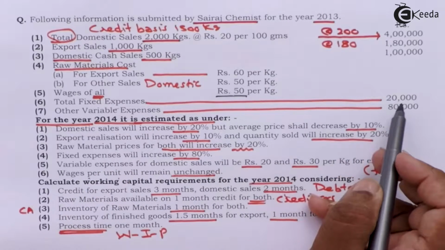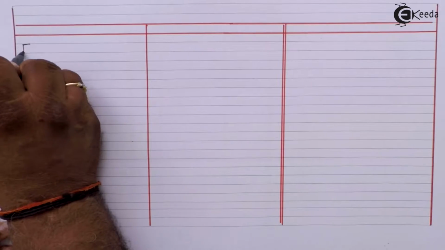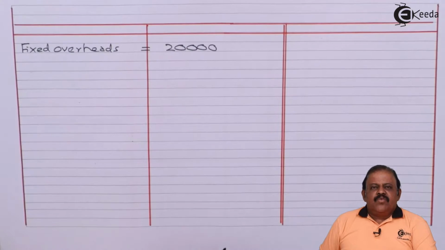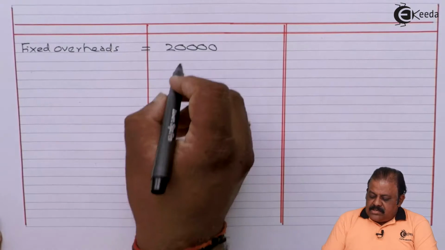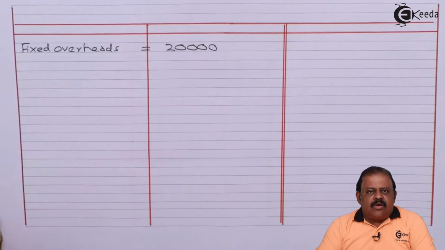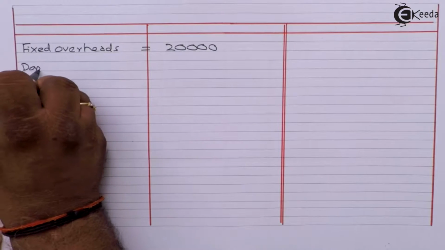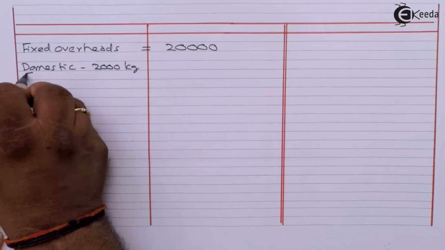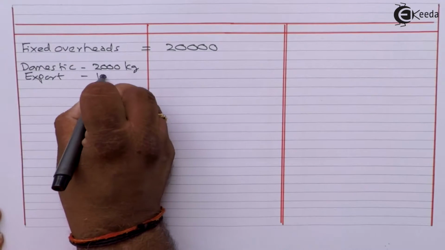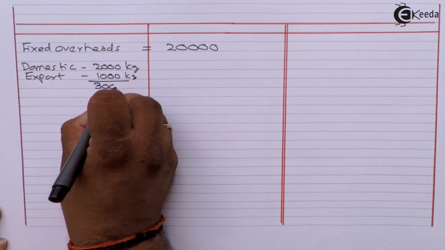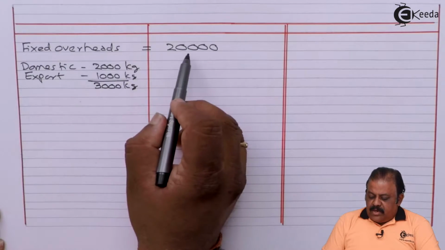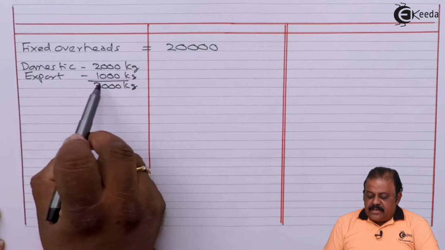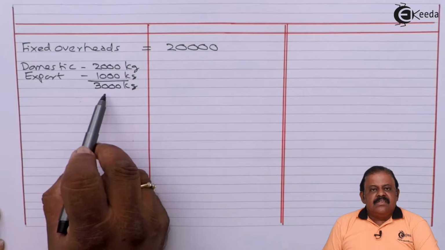Total fixed expenses, fixed overheads 20,000. This is for domestic as well as for export sales. So fixed overheads 20,000 are to be apportioned for domestic 2,000 kg and export 1,000 kg, that is total 3,000 kg.